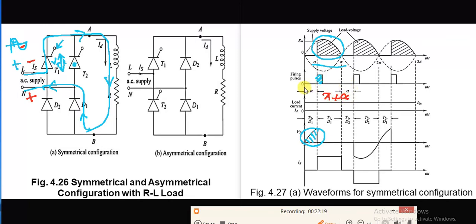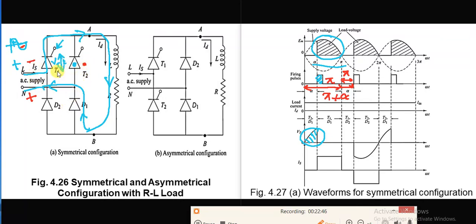So this distance up to this distance is pi and this distance is again alpha. So the total distance up to this point is pi plus alpha. So during the negative half cycle at a time interval of pi plus alpha, now SCR T2 is triggered, fired.